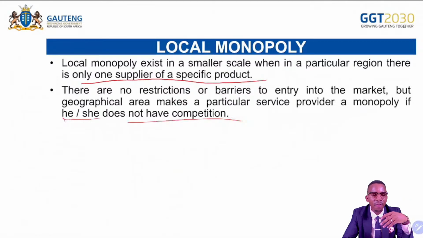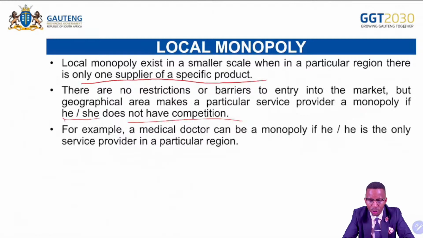Also, you can have the case of retail stores in a small town or city, where maybe there is only one food retailer. In that case, if it is the only supplier without any competitor in that area, it becomes a local monopoly because it is not facing any competition. It is the only supplier of that particular product in that particular region or area.